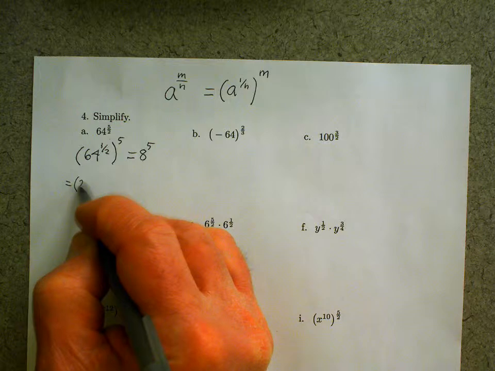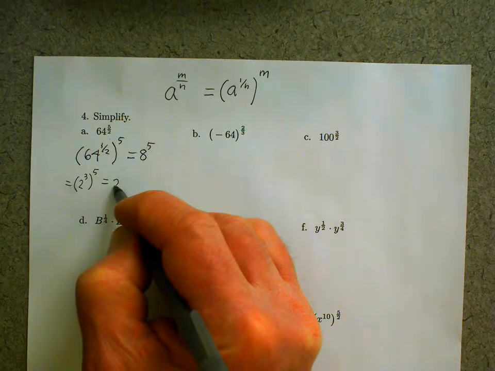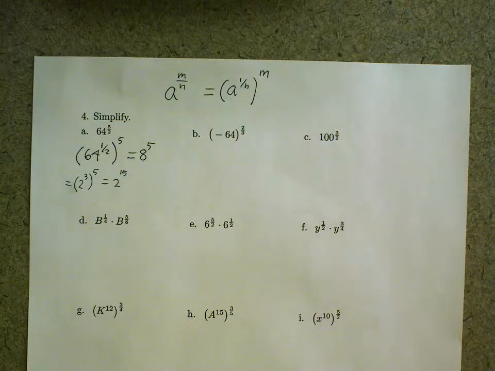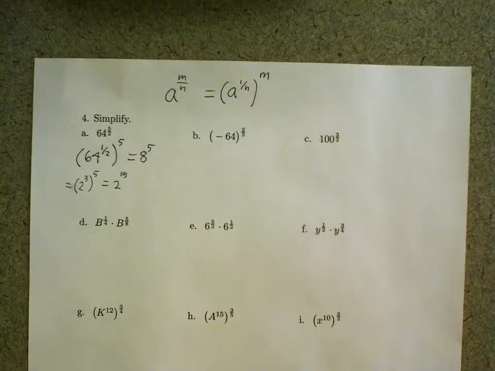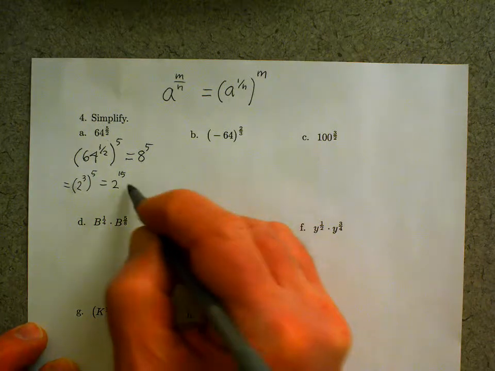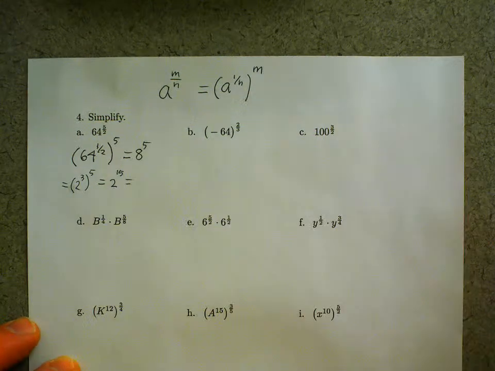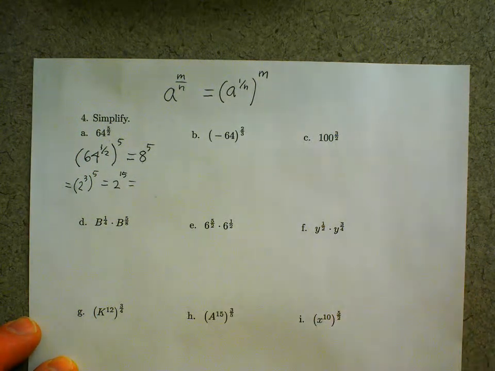So you can think of this as 2 to the 3rd to the 5th, which is 2 to the 15th. Or it might be easier just to find 8 to the 5th. I'll leave the rest of that for you to do.